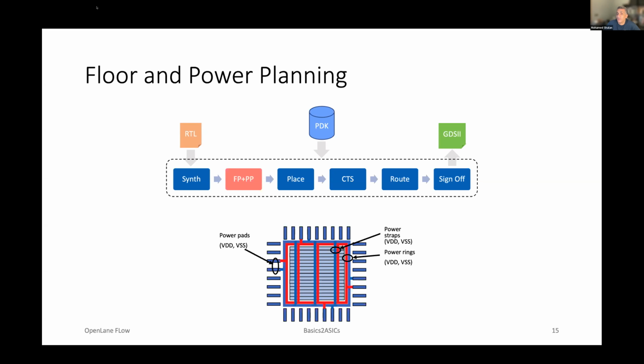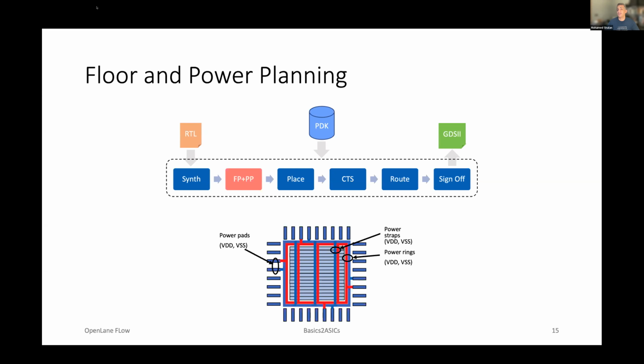Minimum IR drop means that if you supply your circuit with, for example, 5 volts, you want every component in your circuit to get 5 volts, and not 4.5 or 4.6, but as close to 5 volts as possible.